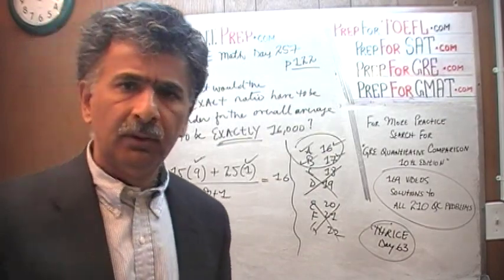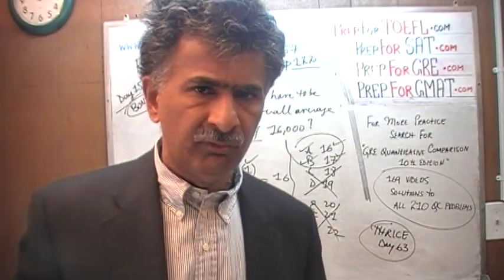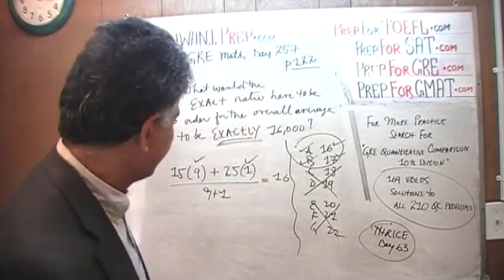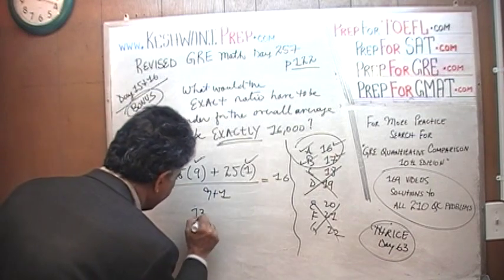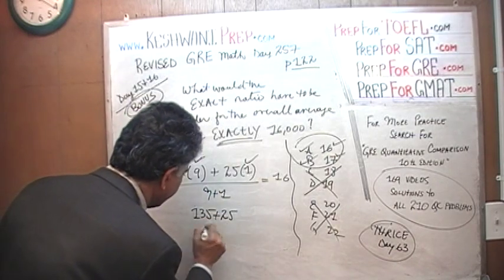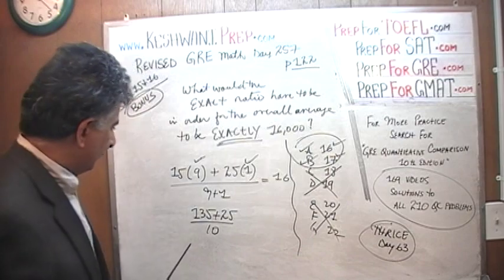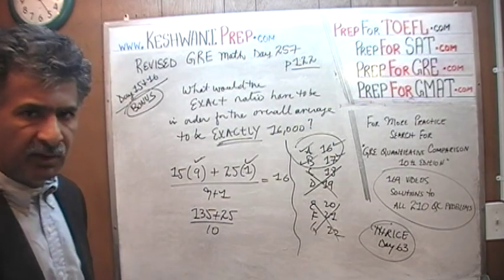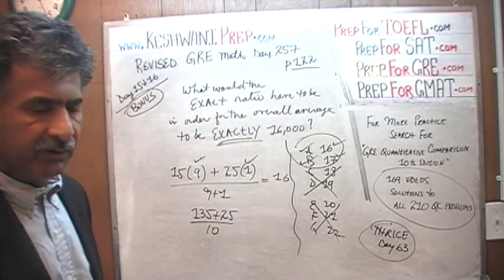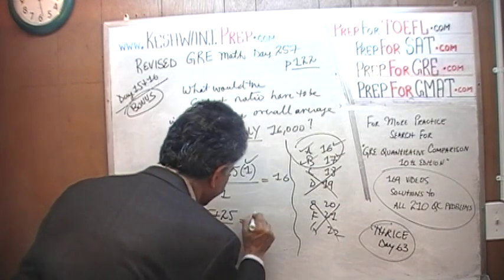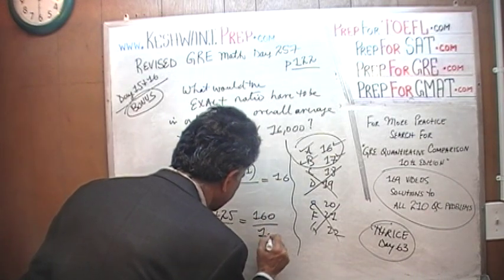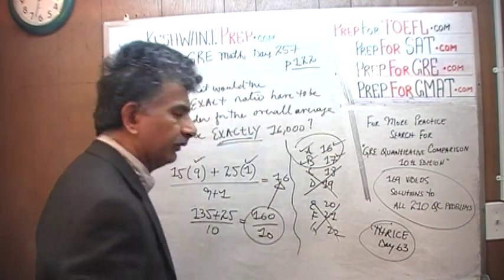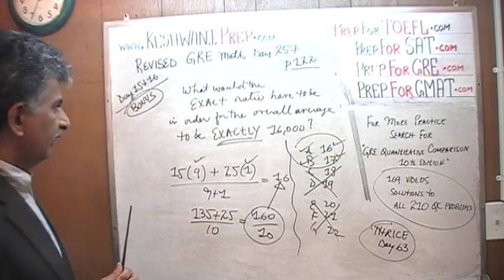How do I know? 15 times 10 is 150, so 150 minus 15 is 135. 135 plus a 25 over 10. 125 plus a 25 would have been 150, so it's 160. 160 over 10, voila, what do you see? 16,000.